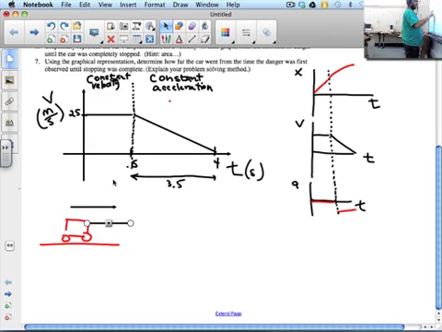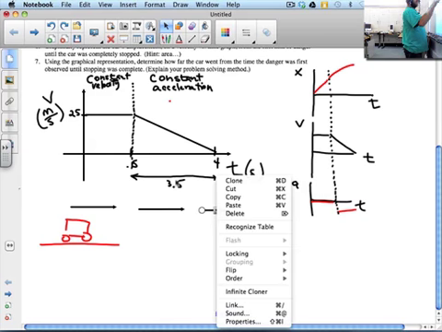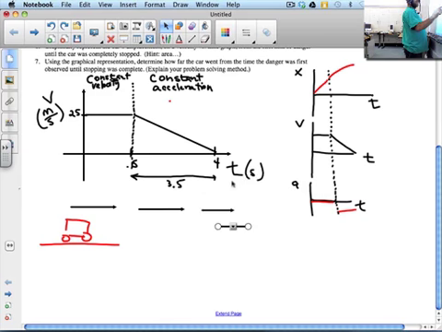And then the car is going to start slowing down. Make the arrows smaller.